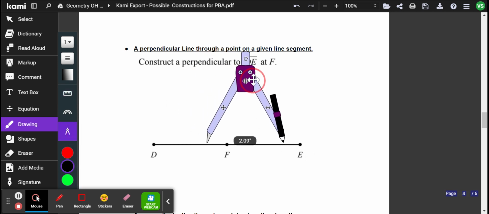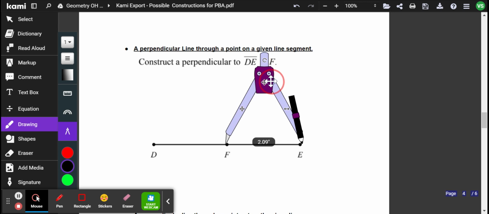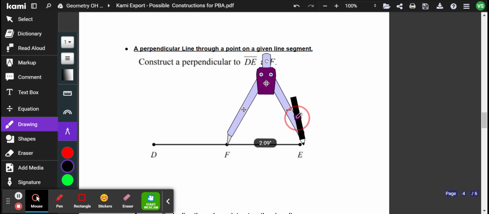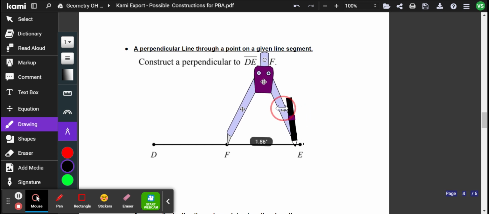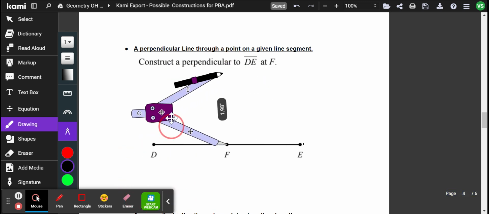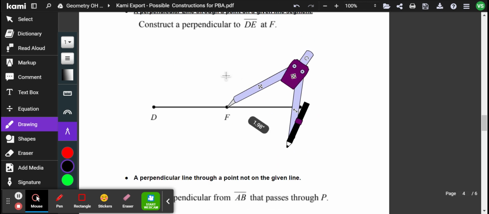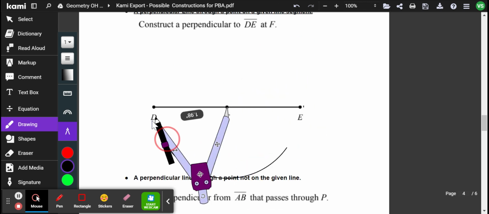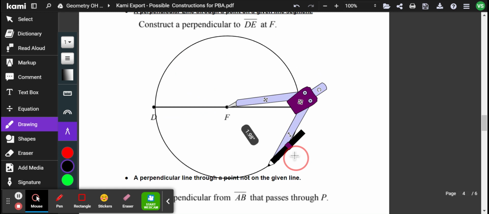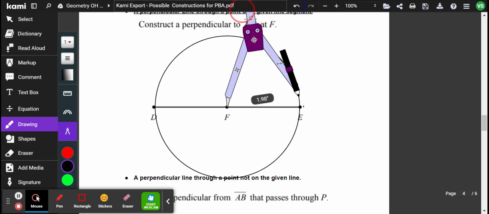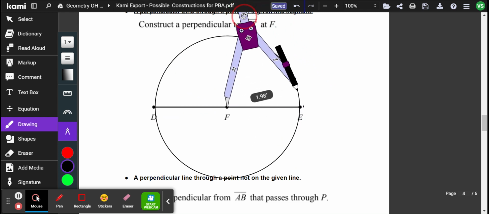So if I take my compass here and make a circle, the reason why I'm making a circle is to see if this is equidistant. Seems to be equidistant, but I'm going to make a circle right here. Seems as though I don't have enough space here. Oh, it's not equidistant, it's just slightly off.